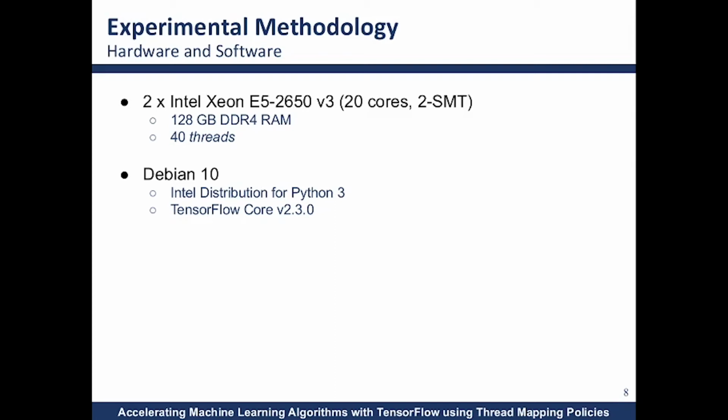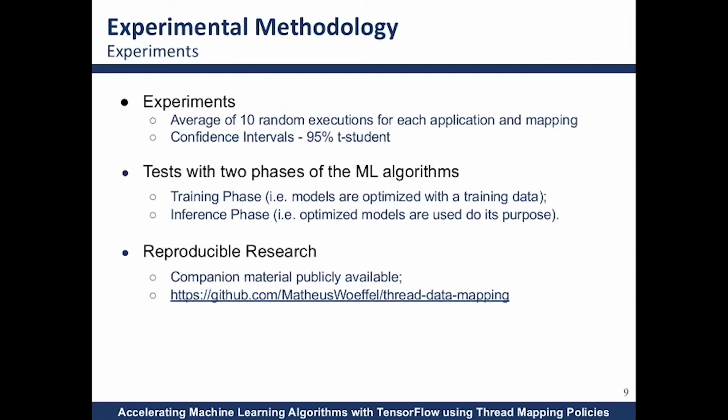We collected the execution time of the benchmark for each of the thread mapping policies. In more detail, for each thread mapping policy configuration we performed 10 repetitions of the execution of the benchmark, and for each repetition we collected the execution time.